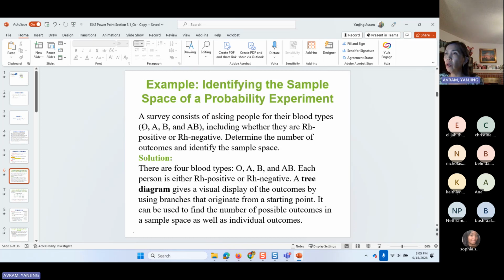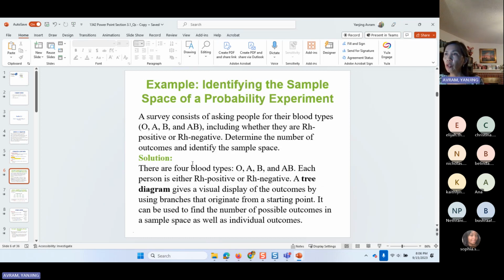You can have type O, type A, type B, or AB, and then you also have Rh positive and Rh negative. So what's the total number of outcomes? If you have type O, type A, type B, and type AB, that's 4 outcomes already, and each one can also be either Rh positive or Rh negative.